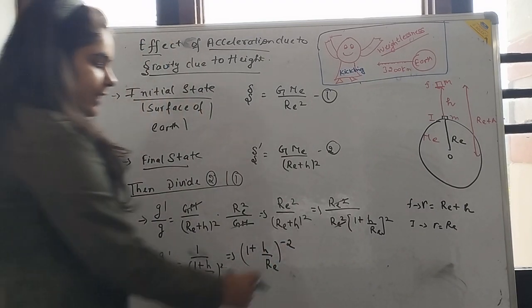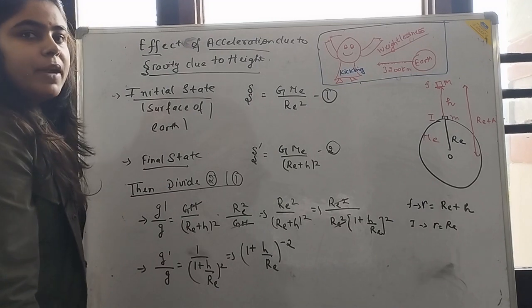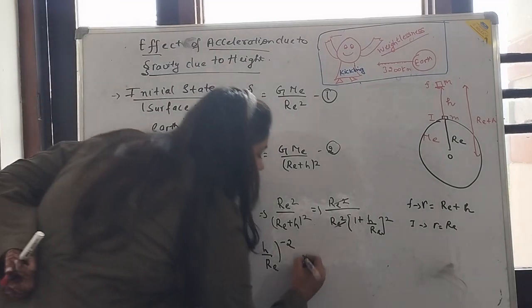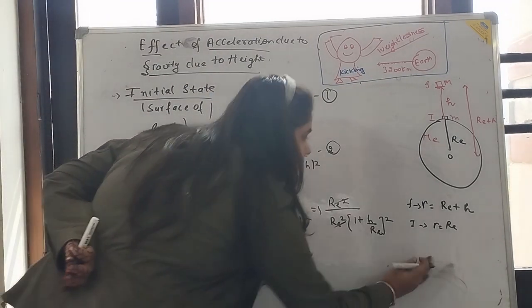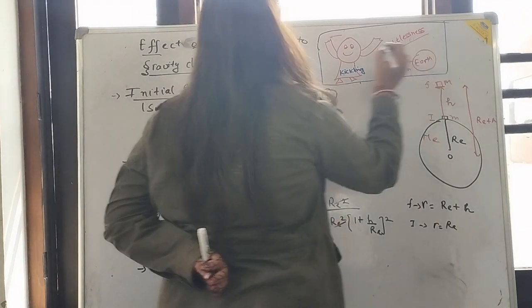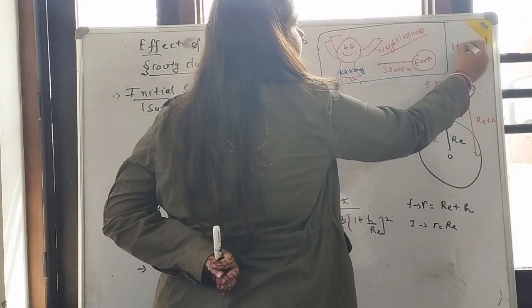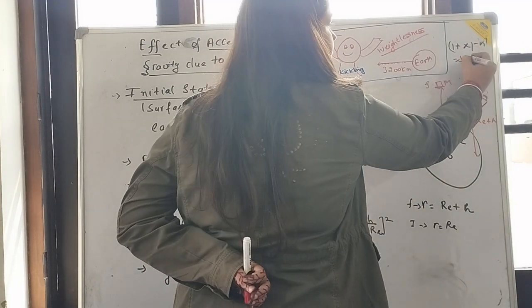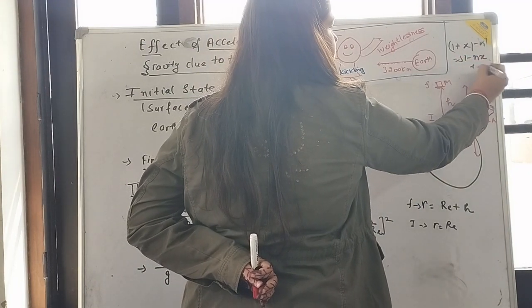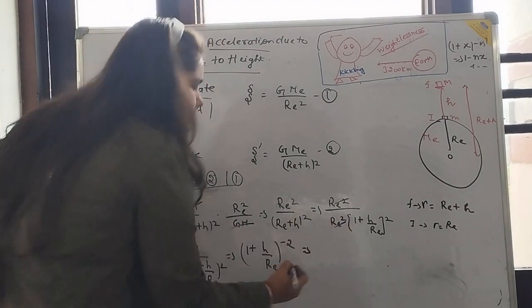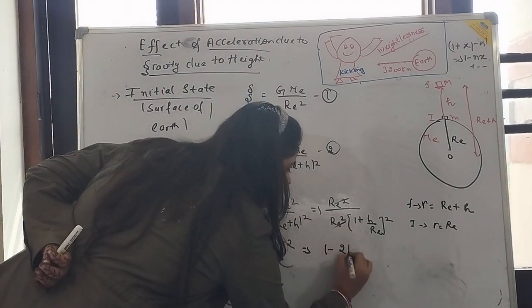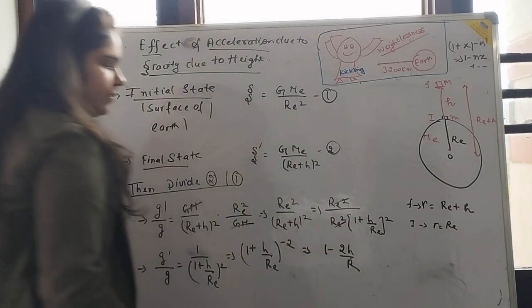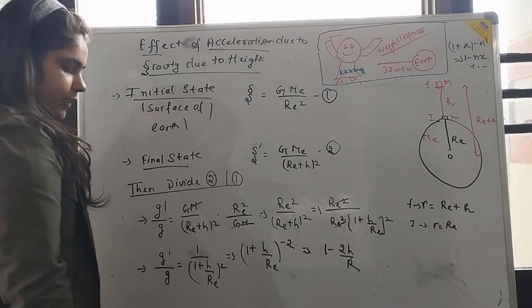Now expanding this term with binomial expansion, we know that (1 plus x) to the power minus n, expanding up to two terms, is 1 minus nx and so on. So I am writing here 1 minus 2h upon RE. Clear up to this?